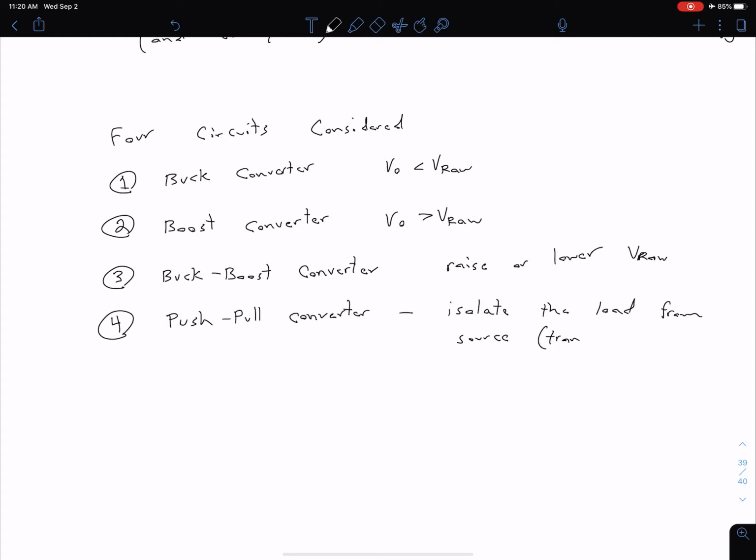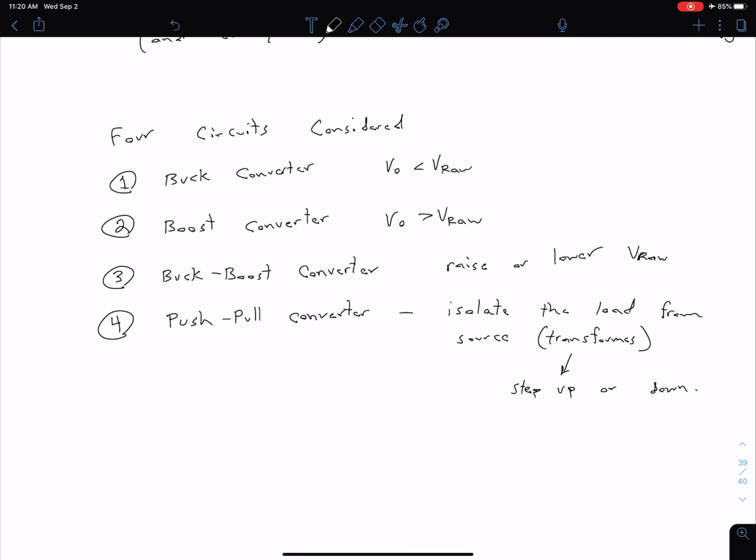So isolating load from source, and it does that by using transformers. And of course, since we're using transformers, we know that we can either step up or down. So again, just like with our buck boost converter, we can increase or decrease our input voltage V raw.